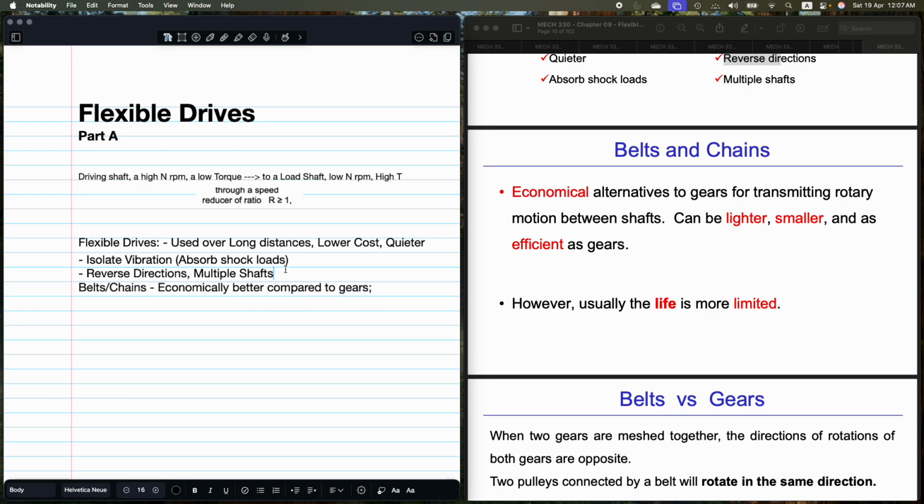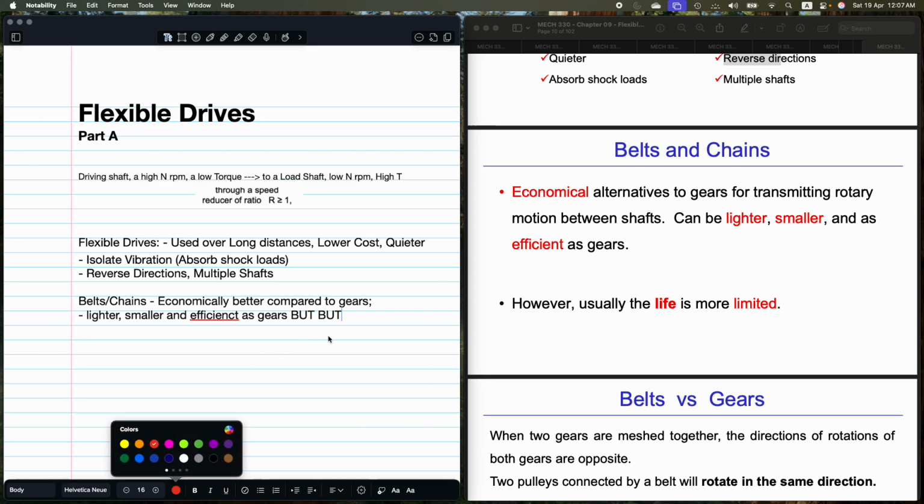Why are they better? We can say they can be lighter, smaller, and as efficient as gears. But let's change the color here. The life is limited. All right, cool. I can't spell, I'm just going to ignore that.